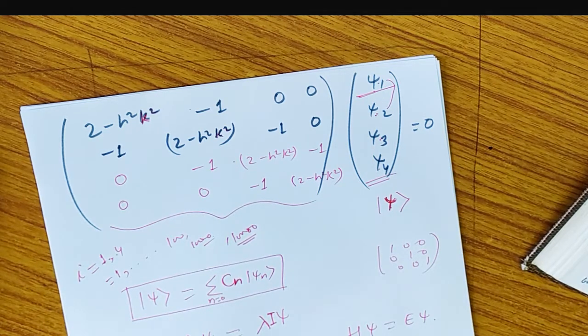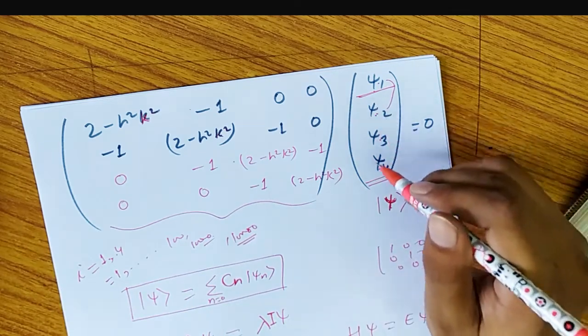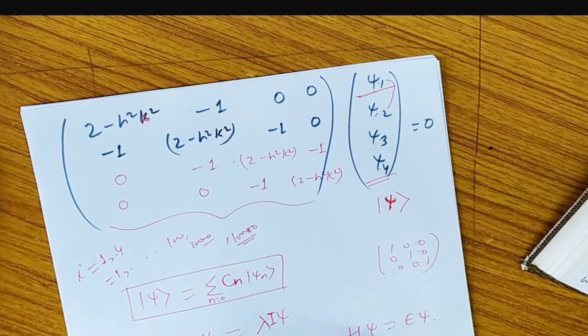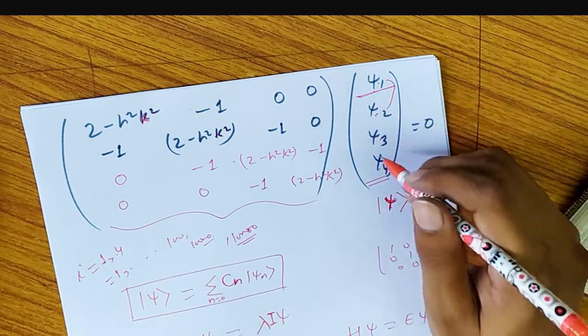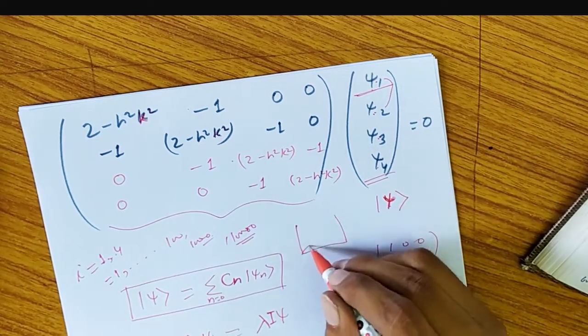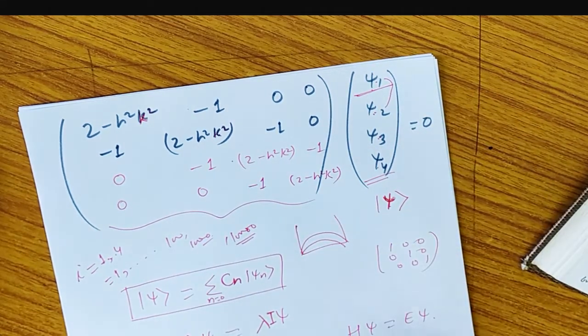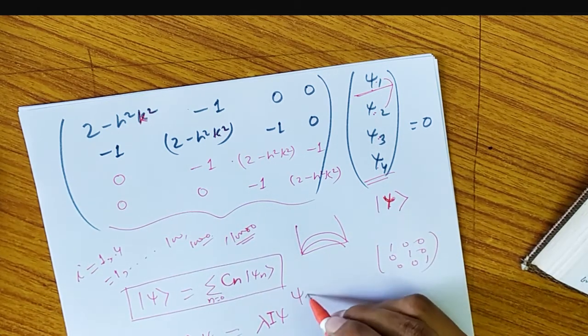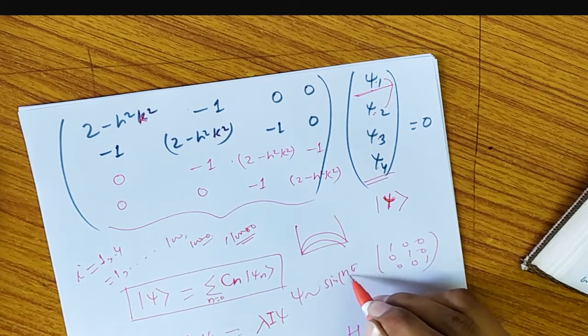It means that we have an infinite dimensional basis. The psi 1, psi 2, psi 3, psi 4 give you the eigenbasis or eigenvectors. So for this problem I have an infinite dimensional basis. As I have already told you, psi gives my sin of n pi by L x.